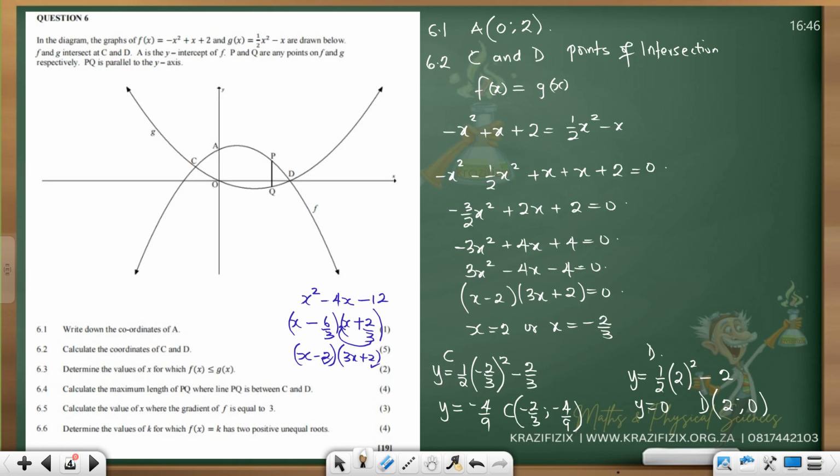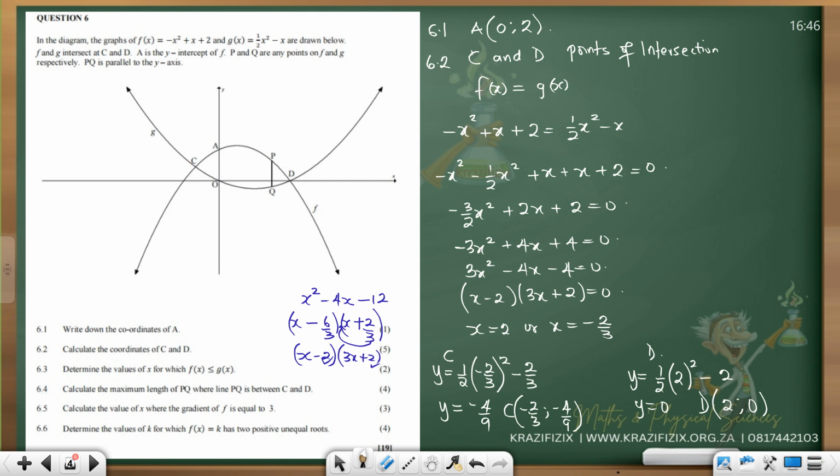Negative 4 over 9. Guys, are we okay with this? No hassle here. What we observe, we inspect. It's a point of intersection. We equate. Make sure your algebra is done well.